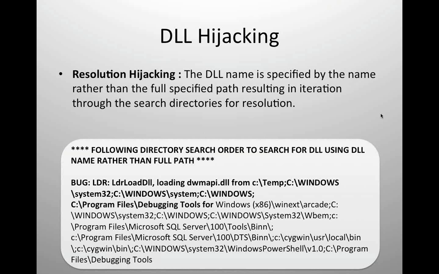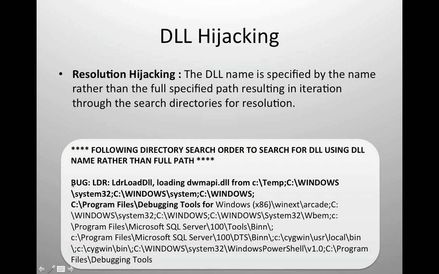I am not providing the fully qualified path because I don't know where this DLL is. So I am asking the OS to load a DLL called abc.dll. In this case, what can the hacker do? The OS will search for the DLL in particular paths, in a particular order, which we have already discussed earlier.